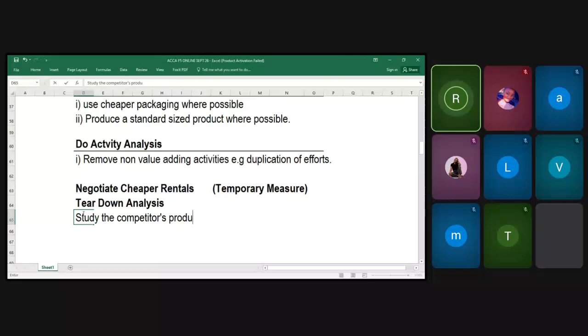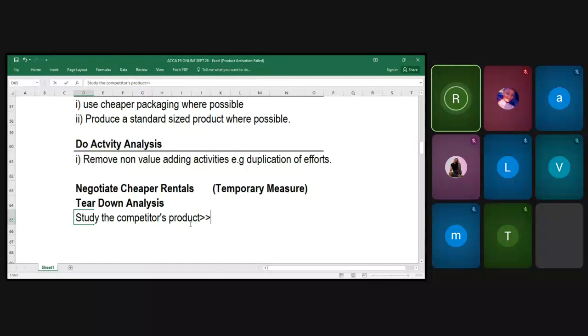Our product is not in existence. We are now going to make use of the competitor's product that is already trending in the market. We take it, we study it, and we look at the weaknesses and the strengths.